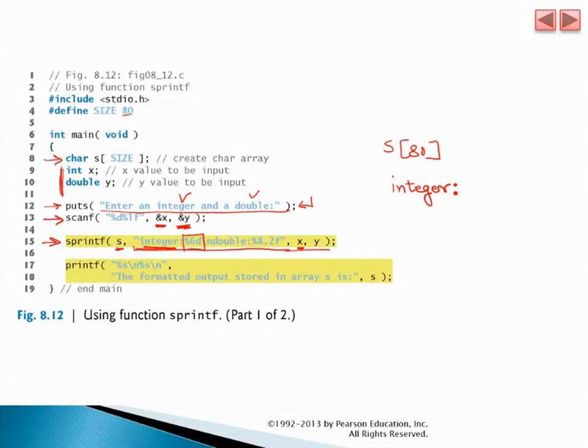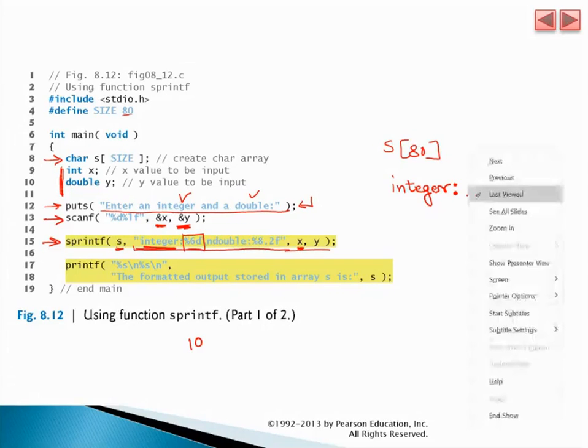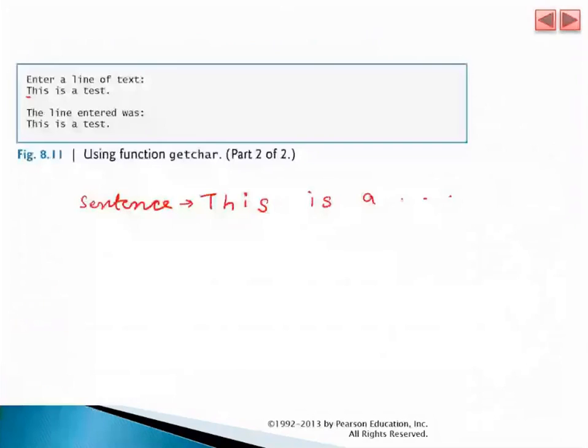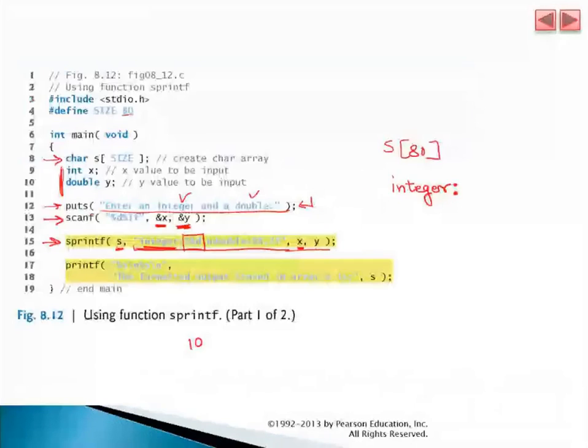Suppose the user enters 10. There will be 6 spaces wide, 1, 2, 3, 4, 5, 6. This is how things will get stored in the array. Then there is a new line, so the new line will get stored in the array.